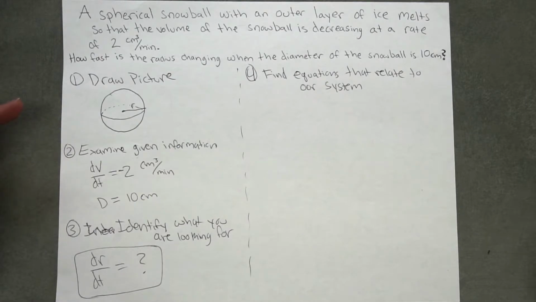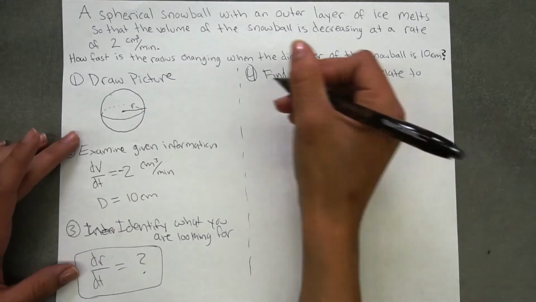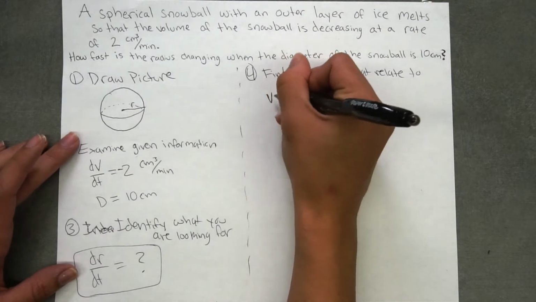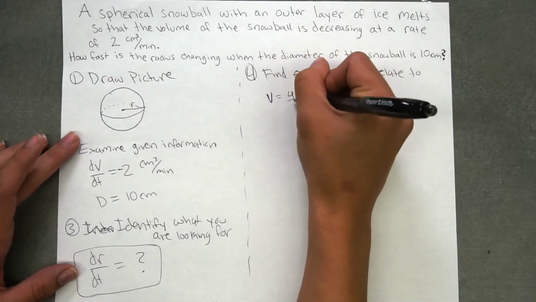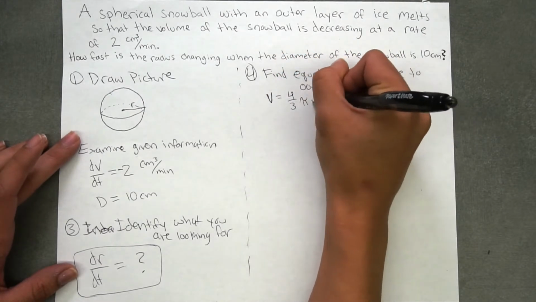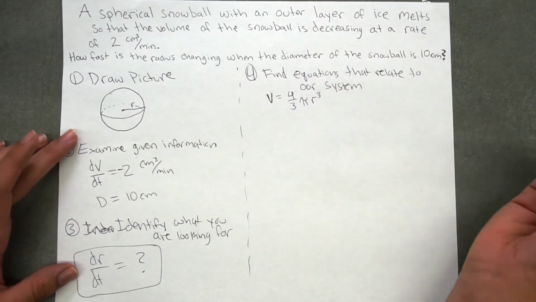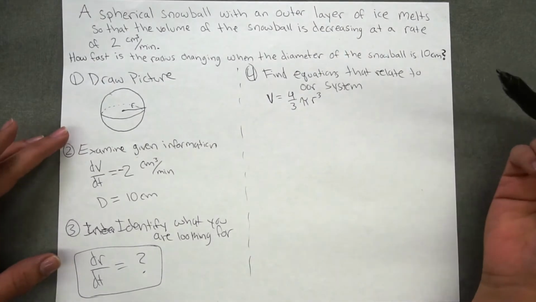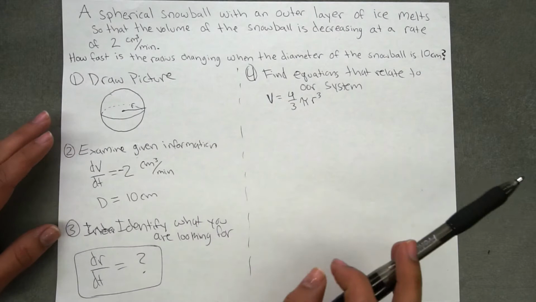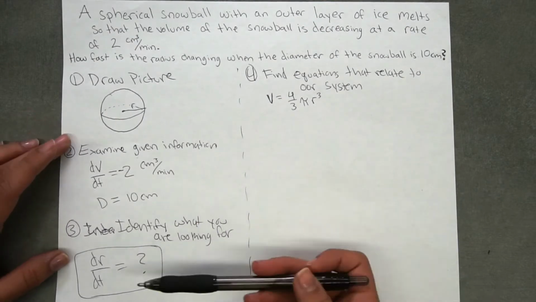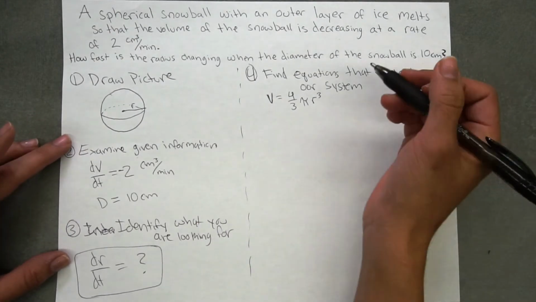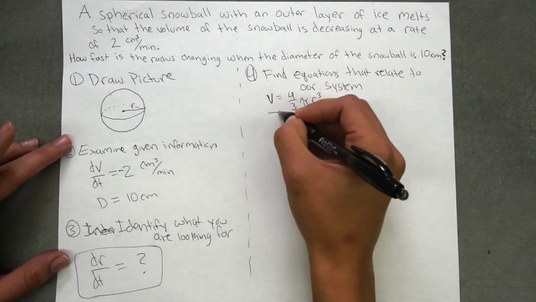So we could use the volume of a sphere, so that is V equals 4/3 pi r cubed. And if you were to take the derivative of this, you would get a dV dt term and a dr dt term, which is what we have. So we're going to use this equation.